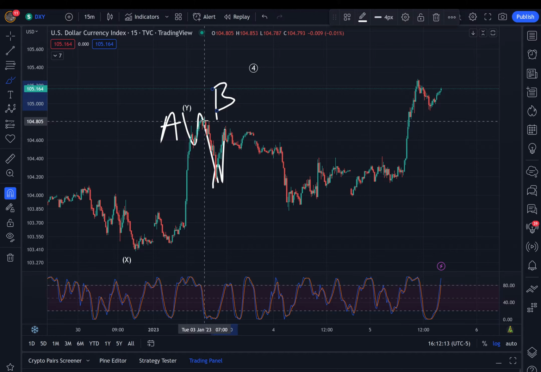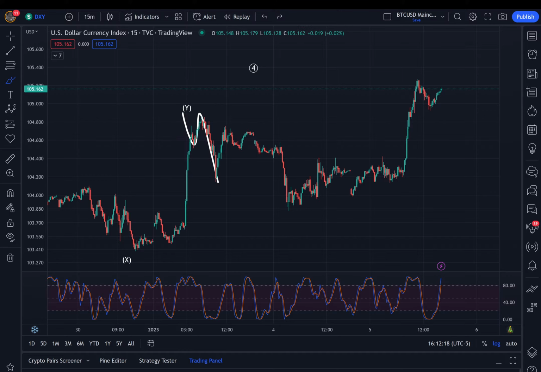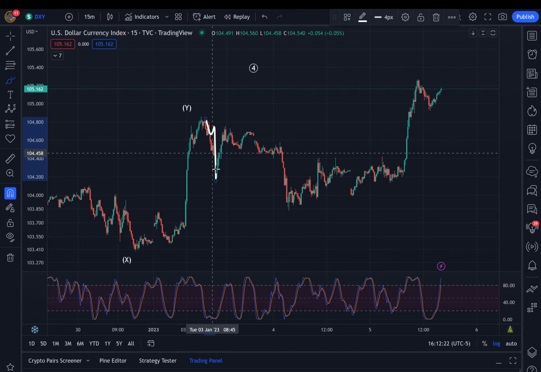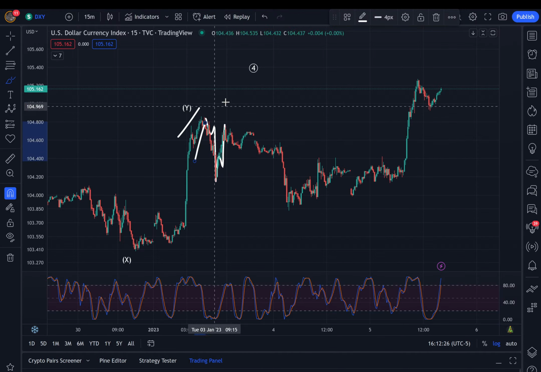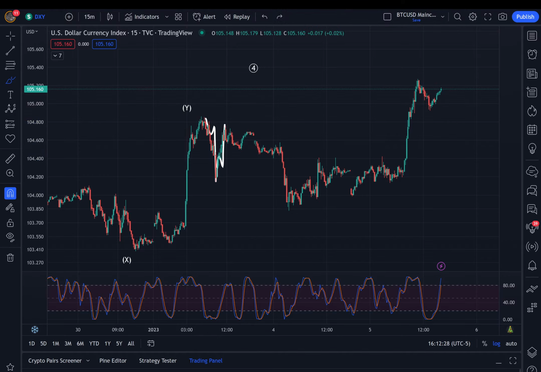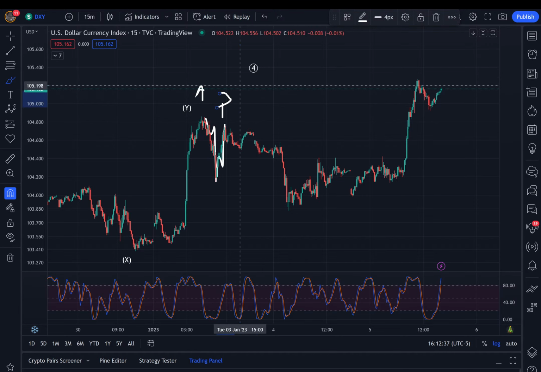So if that's your initial break of structure, and maybe I'm trying to think, maybe that A wave actually starts here and that B wave goes like this, okay? I think that's an ending diagonal. So I think the impulse ends here. Your Y wave ends here, okay? So that's A wave, B wave. That's your first degree of AB basing, okay?